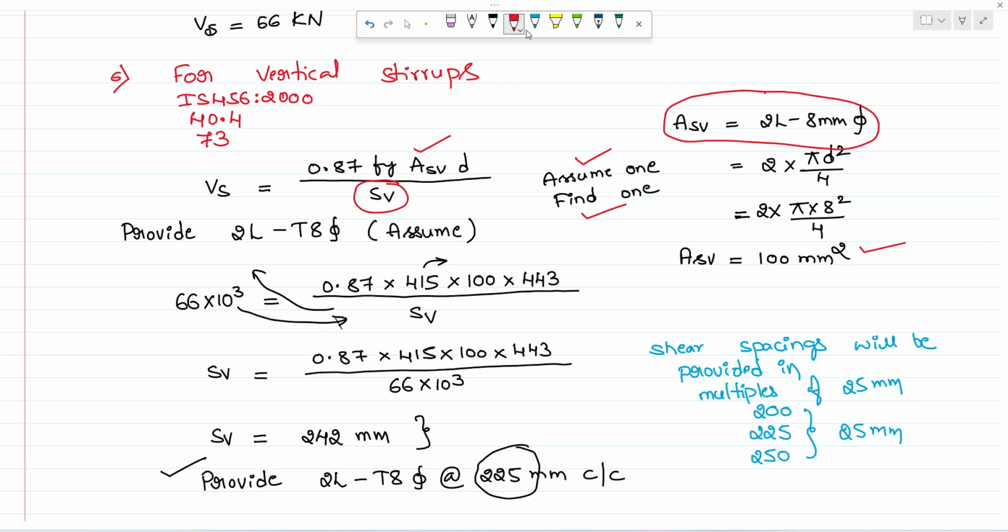So next, whether the reinforcement provided will satisfy minimum shear reinforcement requirement. We need to check that also. I provided two-legged 8 mm dia at 225 mm center to center, whether it has satisfied minimum requirement or not.